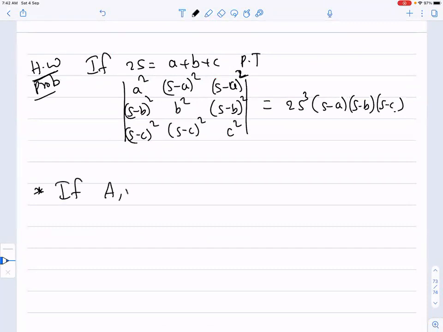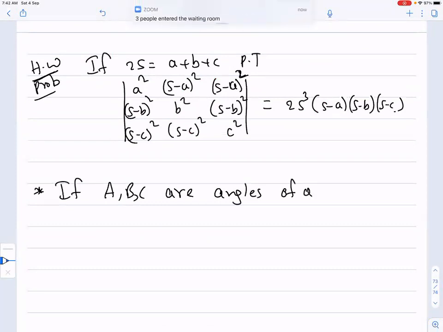If a, b, c are angles of a triangle ABC, sorry, my mistake.